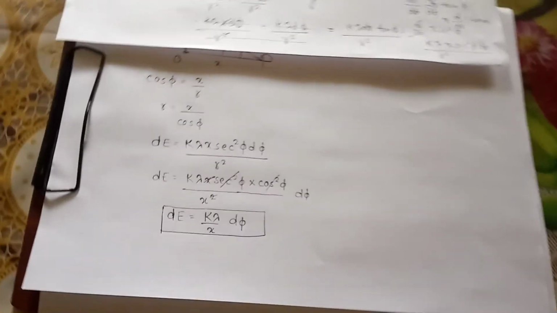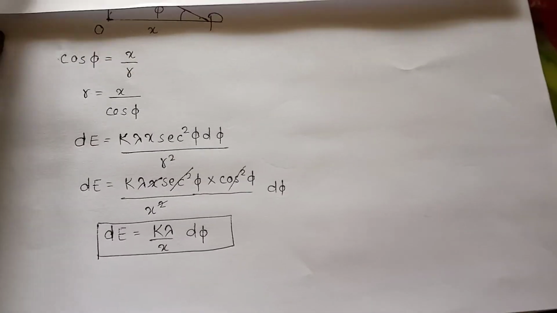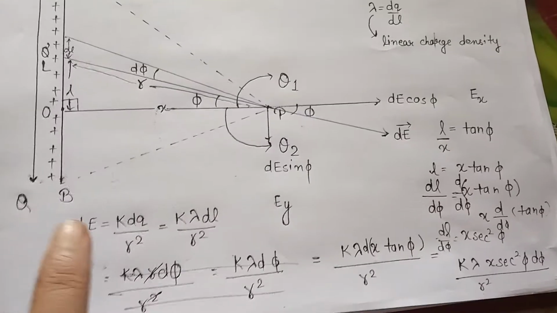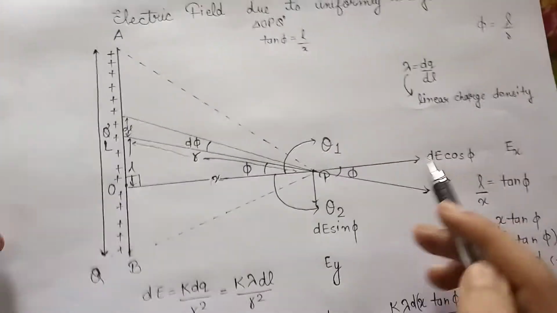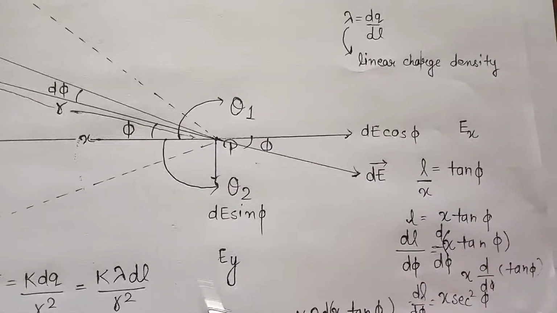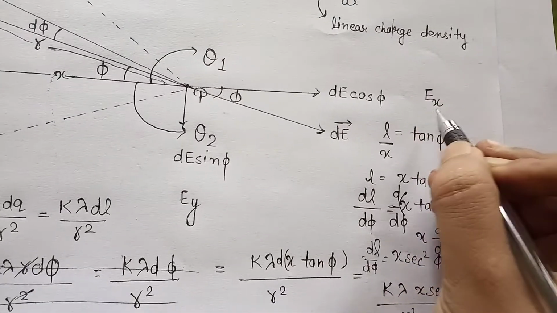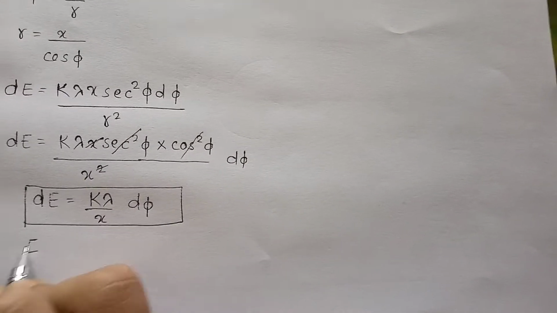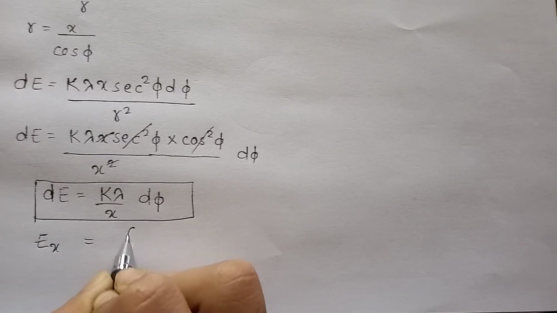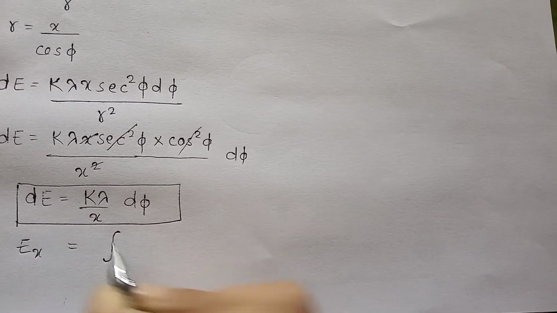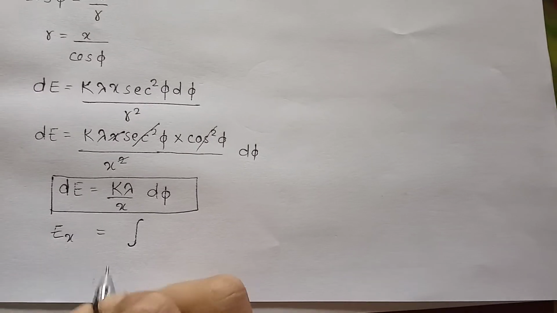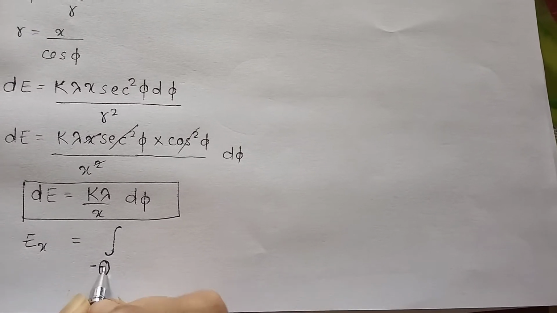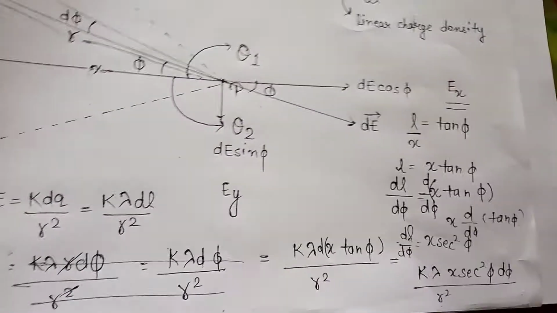Now let us find, here are two components of E, total E. One is Ex and the other one is Ey. So at first let's find out the value of Ex. The value of Ex will be integration from minus theta 2 to theta 1. Why?